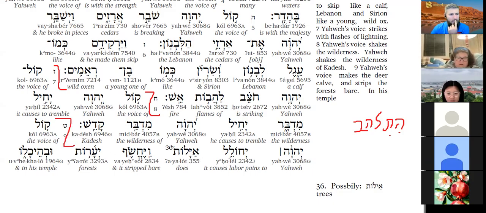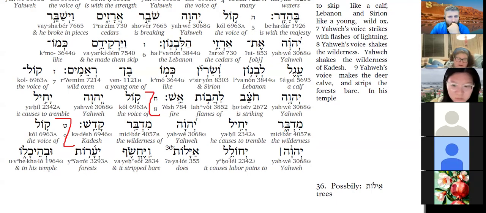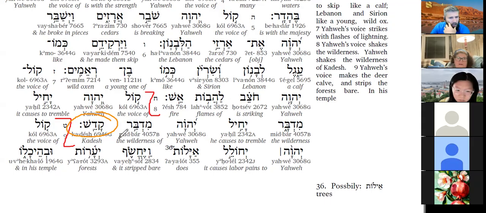Kol Adonai yachil midbar, yachil Adonai midbar Kadesh. We can see the root of Kadesh, Kuf Dalet Shin. We know it has to do with holy, but Kadesh is a location.